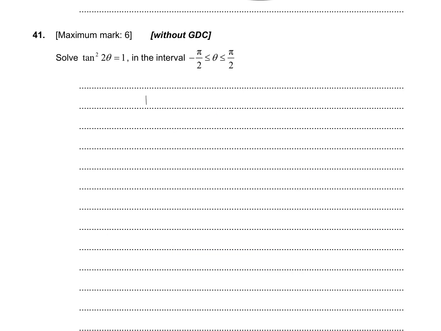All right, so first we're going to take the square root. Okay, plus or minus 1. Then we need to change the interval. So we're multiplying everything by 2, so -pi to pi. And tangent is -1.